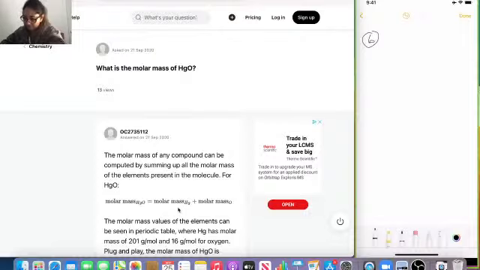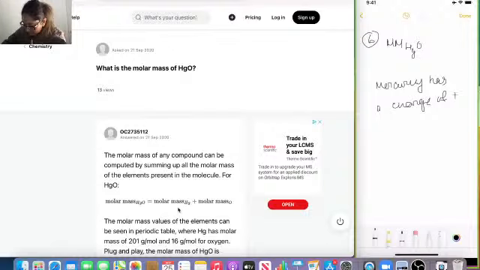If you recall that mercury has a charge of +2, whereas oxygen has a charge of -2, right?